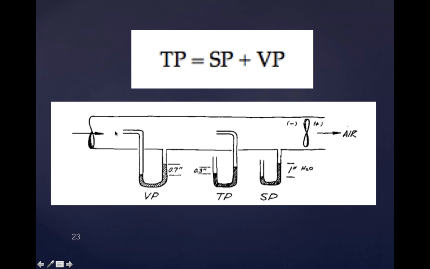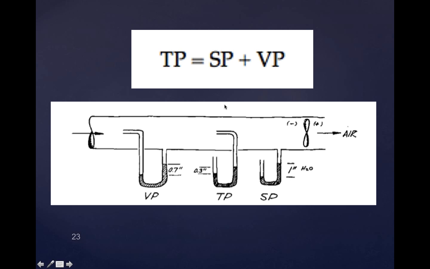There's two things acting at the point of this pitot tube. Your velocity pressure and your static pressure are pushing in here, so that is going to be your total pressure, pushing on this side. On this side, it's being pulled up by your static pressure. So the difference between the two of them, your total pressure and your static pressure, is your velocity pressure. So 0.7 inches is your velocity pressure.